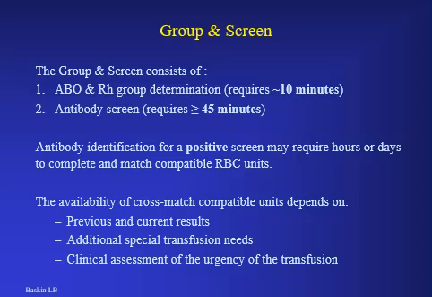For example, some patients with specific diseases might need specific types, like in sickle cell disease, or some need irradiated blood. And then finally, it depends on a clinical assessment of the urgency of the transfusion, because uncross-matched blood can always be provided immediately for emergency situations.